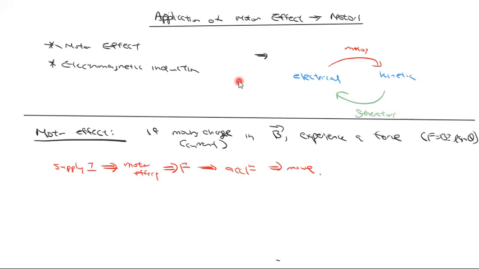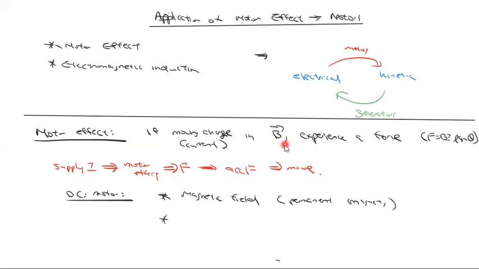Now, you've got different types of motors, and let's start with a DC motor. A DC motor relies on the motor effect, and you know that the motor effect means you need a current and you need a magnetic field. So you need a magnetic field of some description, and we're going to start with using permanent magnets, but obviously this can change. And then you'll need something to carry the current.